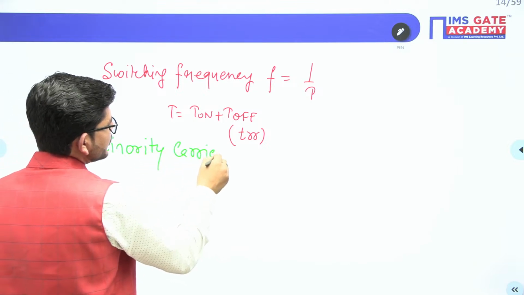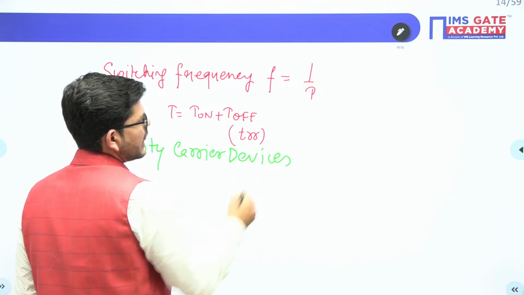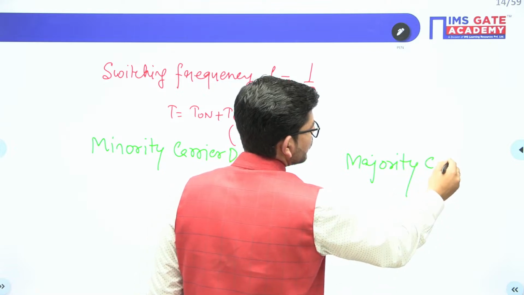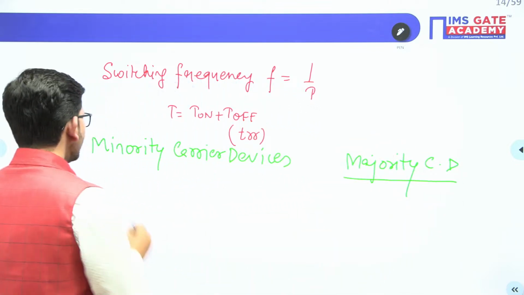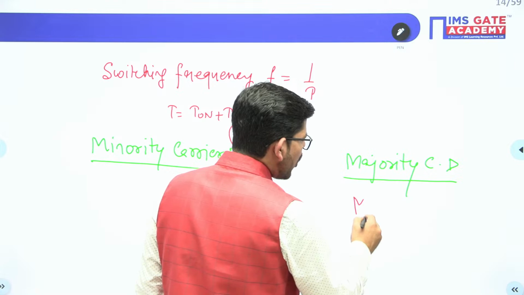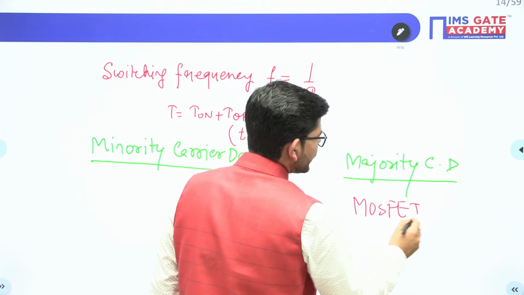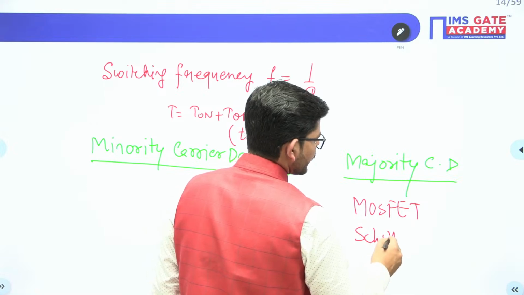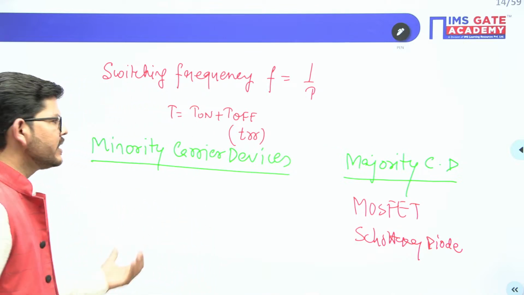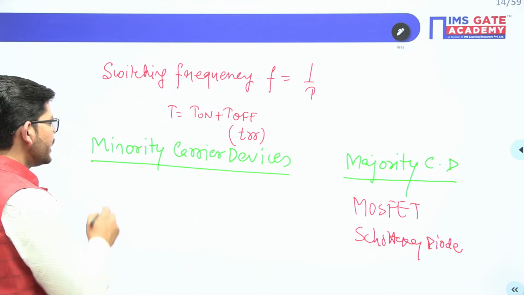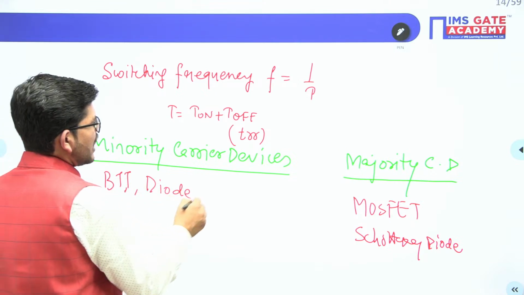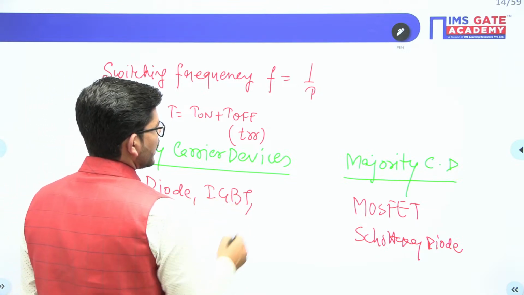So guys, apart from the MOSFET and the Schottky diode, the rest of the devices that we study in power electronics are minority carrier devices, like BJT, diode, IGBT, SCR, GTO.